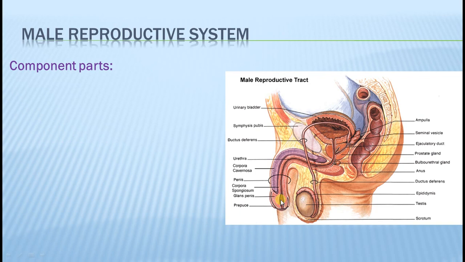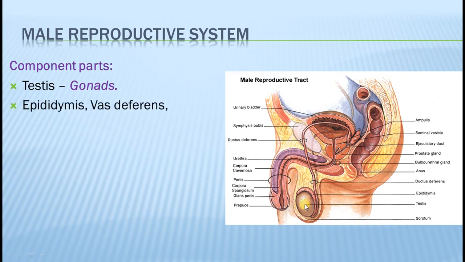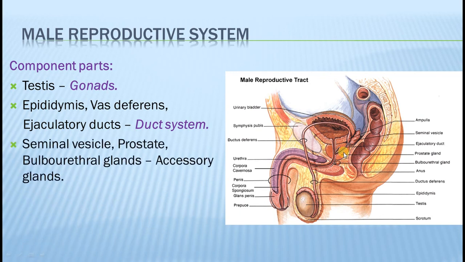So the parts, as I told you, the male gonads are the testis. Then what you have is the epididymis, vas deferens and the ejaculatory duct. They form the male reproductive tract or the duct system. So they are mainly responsible for transportation of the spermatozoa.